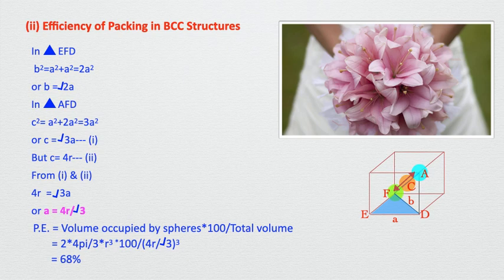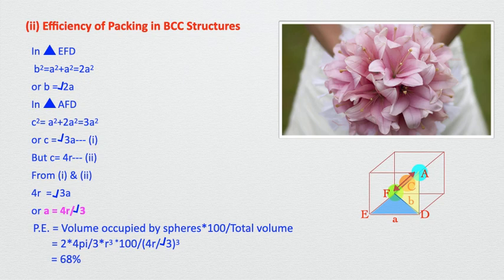Now in triangle AFD, the yellow triangle, we have b and c and AD. AD is equal to the edge length, and b we have already calculated.